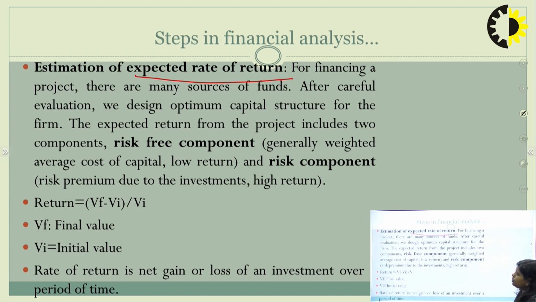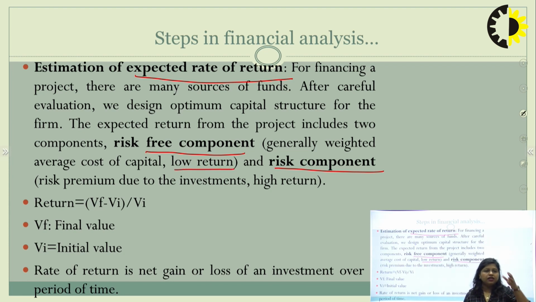So after careful evaluation we design the optimum capital structure for the firm. Based on that, the expected return from the project we need to find out, which involves two components. One is the risk-free component and the other is the risk component. Risk-free component means this is the amount that actually comes to us, and that has a low return.